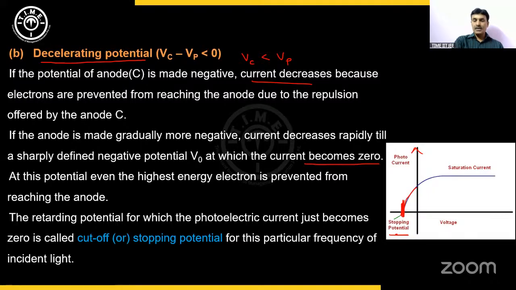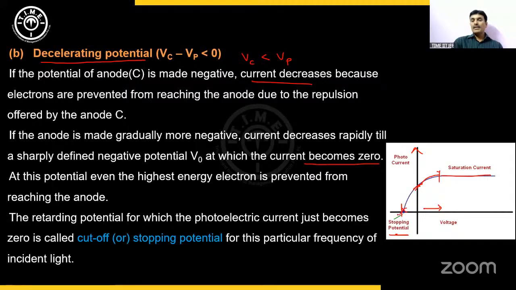Clear? So when potential difference is 0, current is not equal to 0. Upon increasing the potential difference on the positive side, accelerating potential, current gradually increases up to a certain value. After a particular potential value, the current becomes almost constant, the saturation current. When negative potential is applied, that is decelerating potential, current gradually decreases and reaches a value 0.